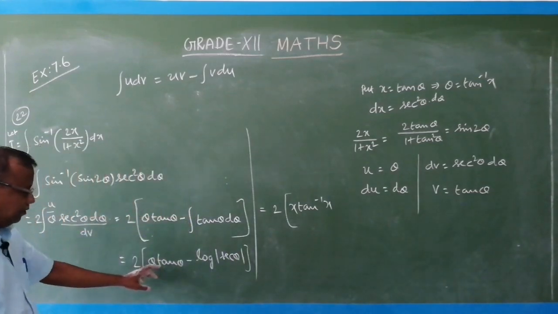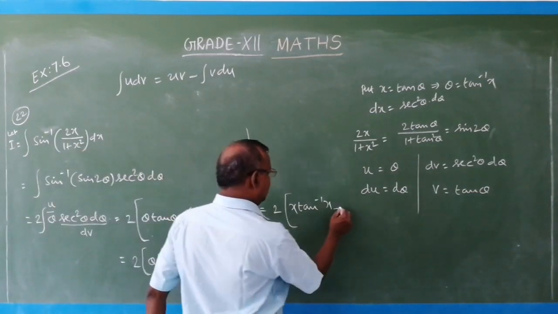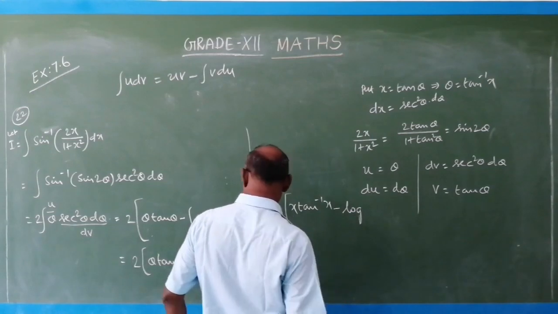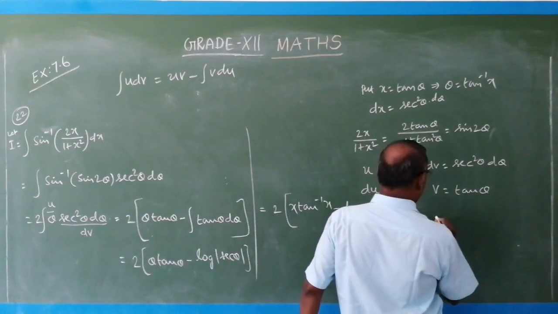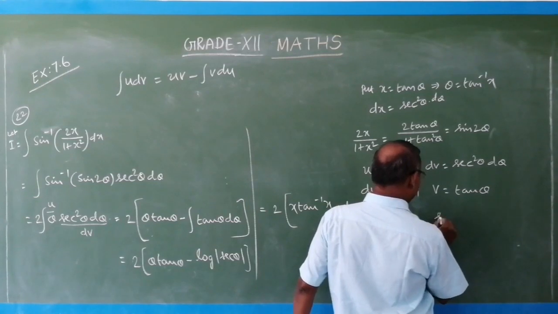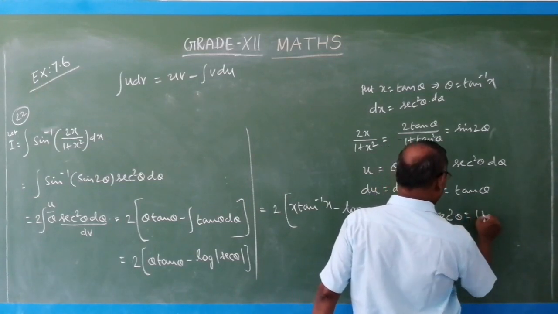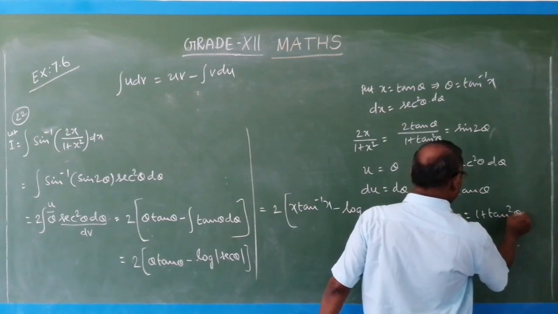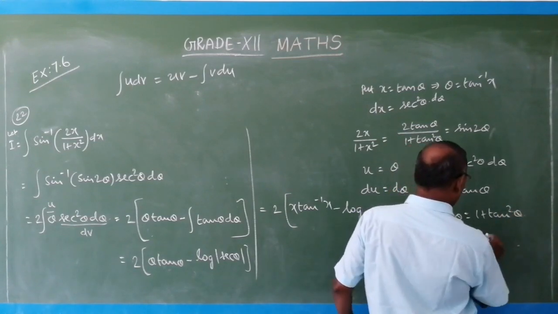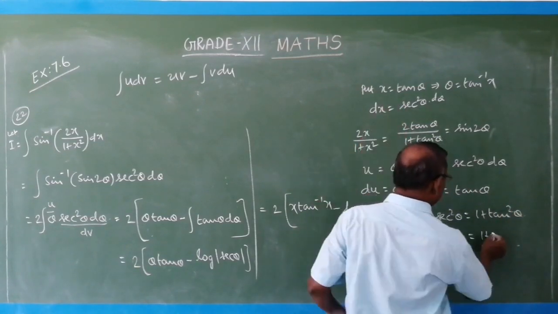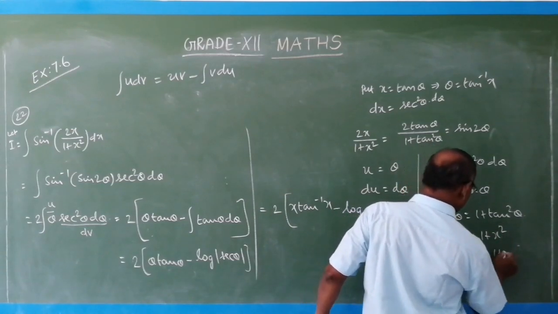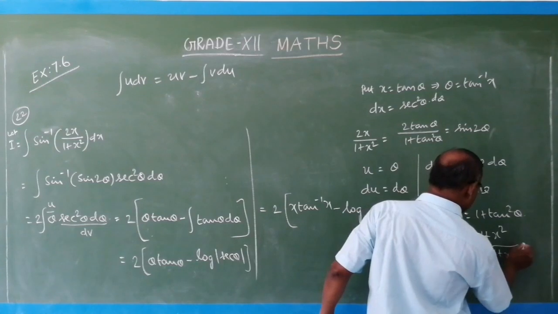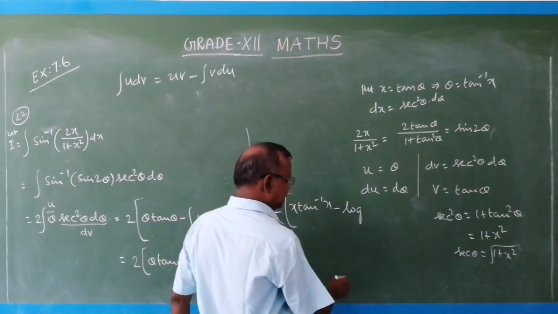So, this is x into tan inverse of x minus log of modulus of secant theta. We know that 1 plus tan square theta equal to secant square theta, that is 1 plus x square. So, secant theta equal to root of 1 plus x square.